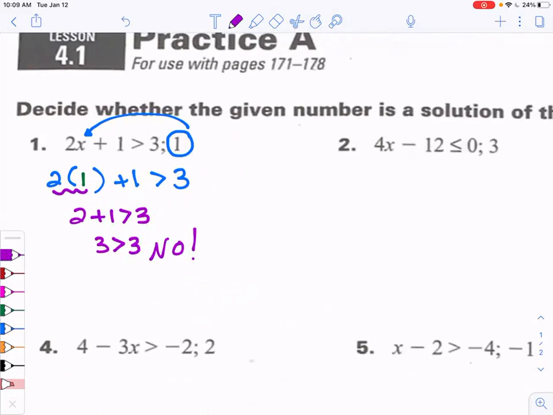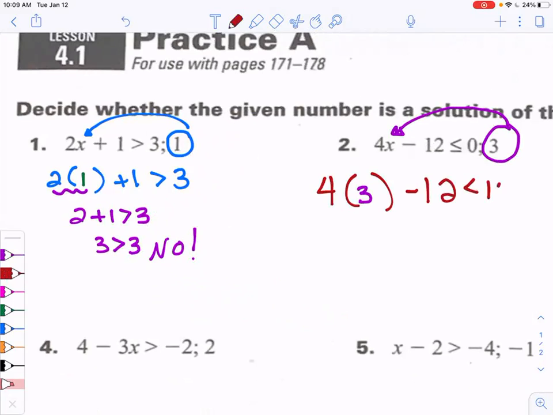Same type of problem. They give us the number 3. That's what we're plugging in for x. So whatever is after the semicolon, you're plugging in for x. 4 times 3 minus 12. Is that less than or equal to 0? Oh, and I wrote 10.